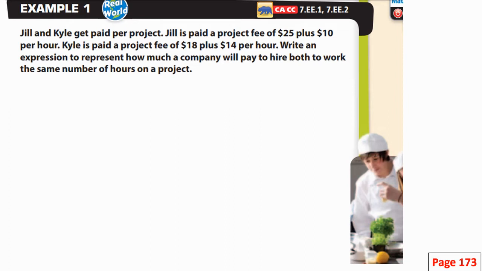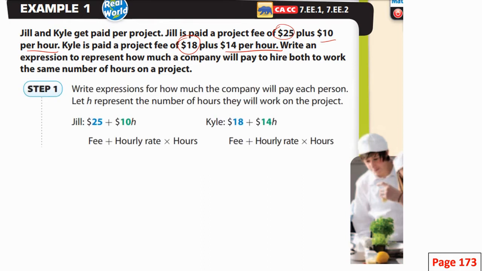So Jill and Kyle get paid for a project. Jill is paid a project fee of 25 bucks and $10 per hour. Kyle is paid a project fee of 18 bucks and 14 bucks per hour. So we're going to write some expressions to describe how much money they're going to get paid.